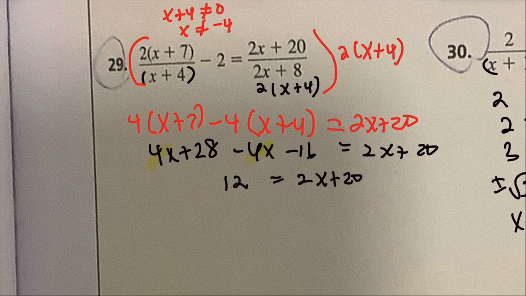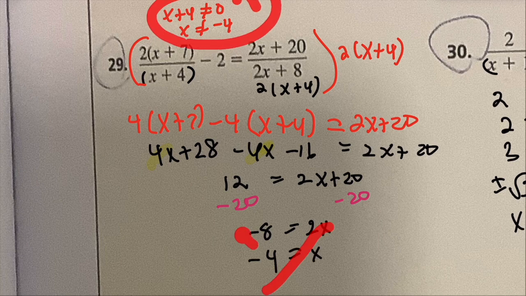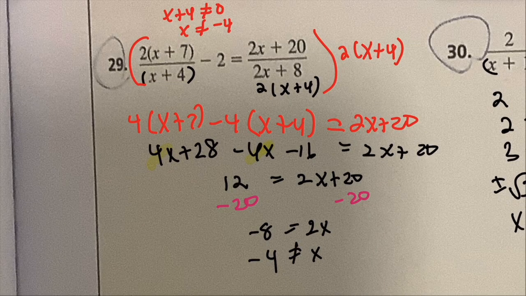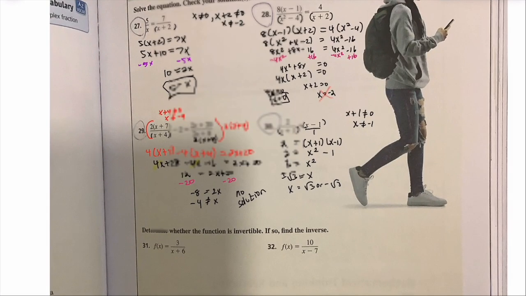And so you subtract 20 from both sides. You get that 2x equals -8, so x is -4. Oh, look at what our bad value was, -4. We're going to cross it out. There is no solution to this one. Nothing makes it work. Okay, so that is the equation part.